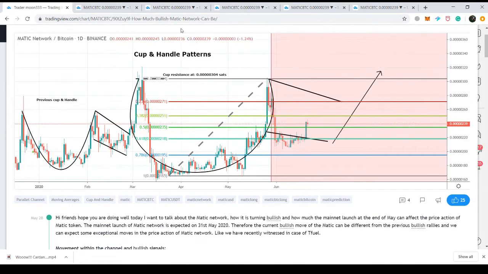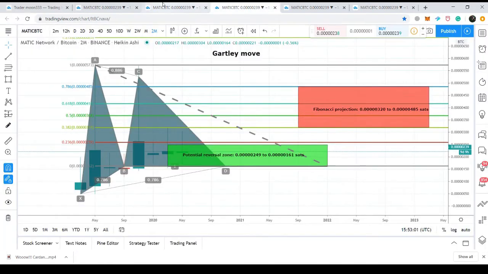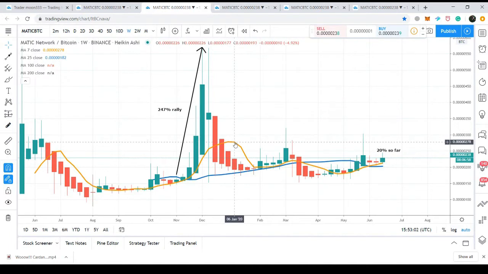Now let's move to the next chart, and this was the chart with the combination of 7 and 25 simple moving averages. This was another bullish indication. I told you that this combination is working very well with this chart of Matic with Bitcoin pair on the weekly chart. Whenever this 7 simple moving average crosses up the 25 simple moving average, then it gives a clear indication that it is going to start a bullish move.